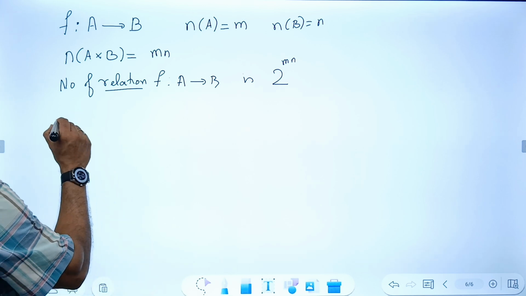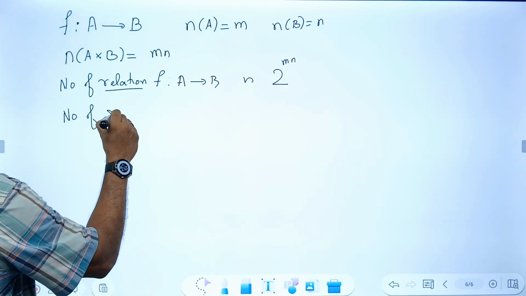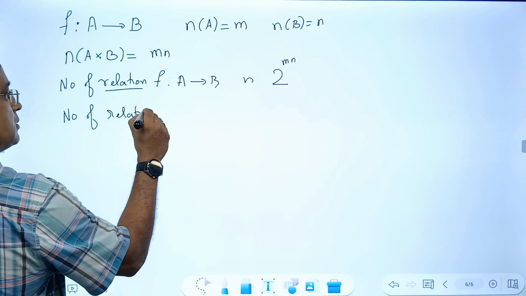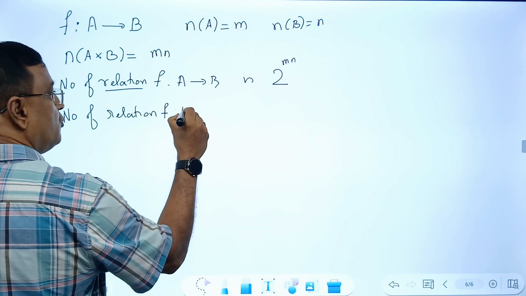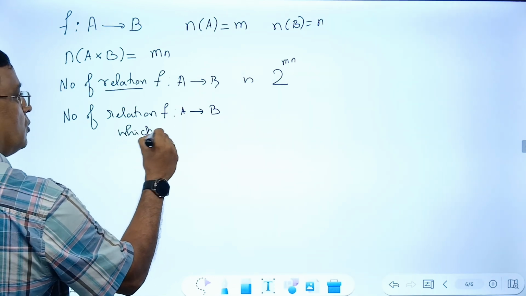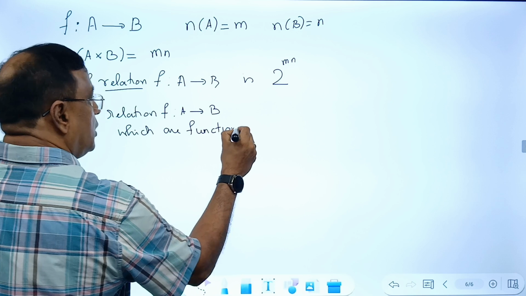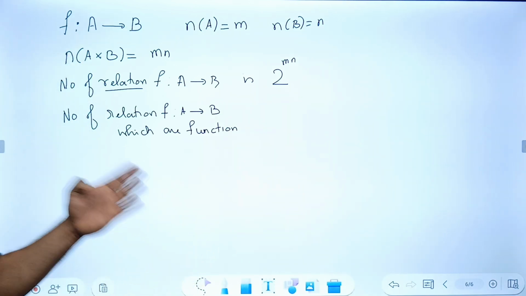Okay. Now what will be the number of relations f from A to B which are functions? You know every function is a relation.